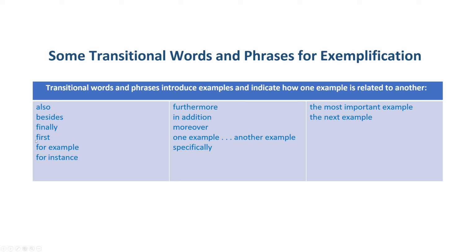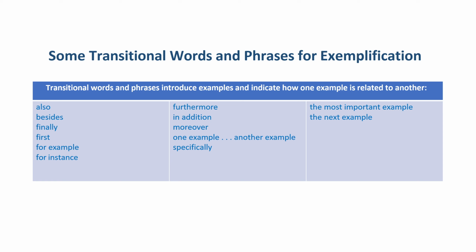So if we're saying something like for example or for instance, it's a good chance that we have an exemplification essay. Words that add on, like an example, in addition, furthermore, next, also, those are all key words to tell us that we are elaborating on an idea.